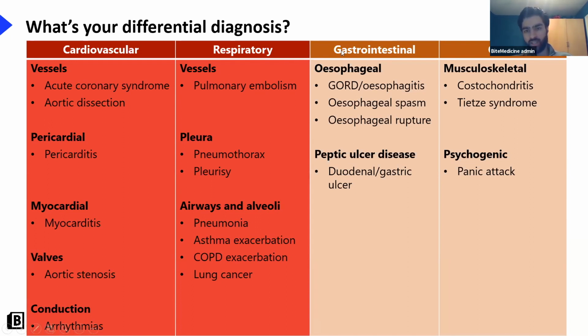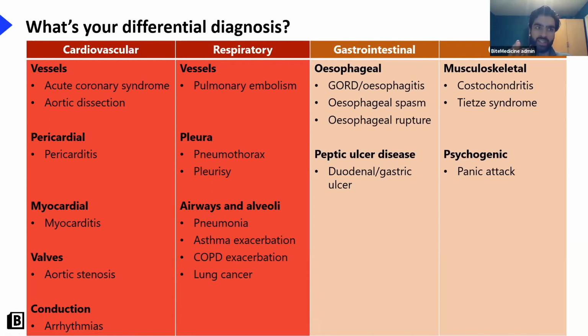Other causes to consider are gastrointestinal causes, so the esophageal problems. And remember, the esophagus runs behind the heart. So therefore, esophageal problems can present with chest pain. A really common presentation to the emergency department is reflux, gastroesophageal reflux disease. And really annoyingly, it can present very similarly to ACS, acute coronary syndrome.